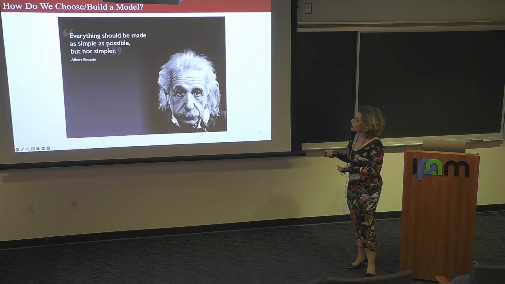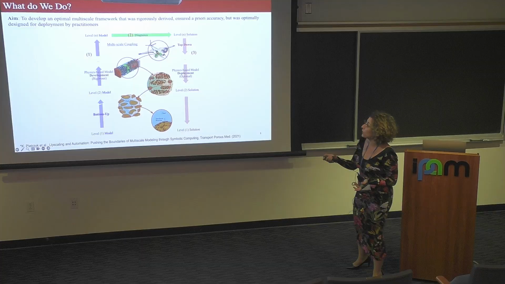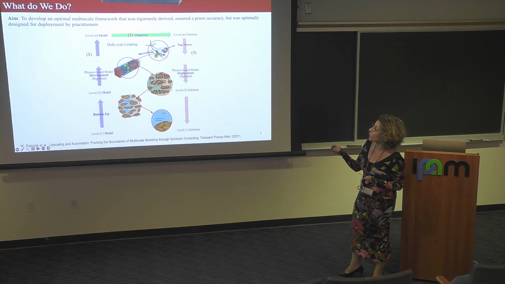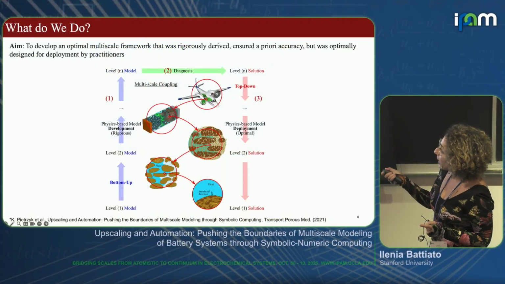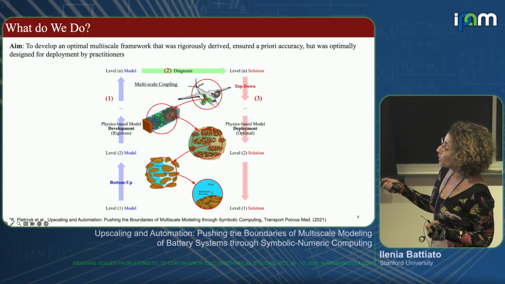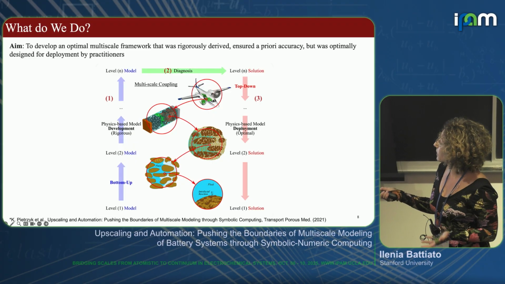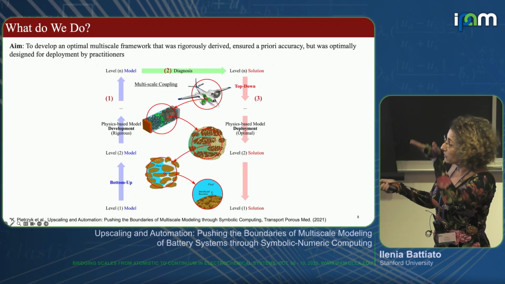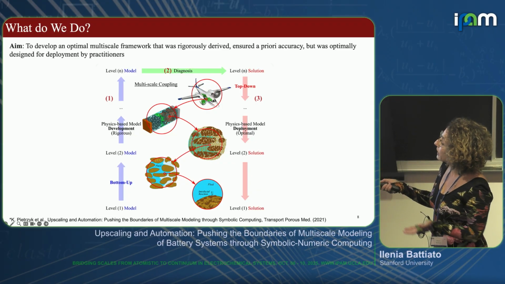Now, what we do in our group is really to focus on this multi-scale modeling development framework, where we have a branch where we do physics-based model development, and we do it rigorously. Again, our smallest scale is the pore, and we do this sequentially.